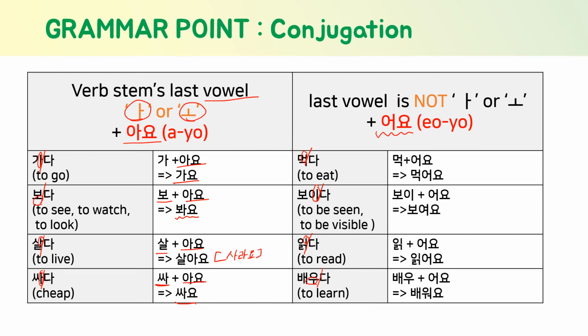So 먹어요. 보이어요, when you say it fast, becomes 보여요. 읽어요. The last consonant carries over. 배우어요, say it fast, becomes 배워요.